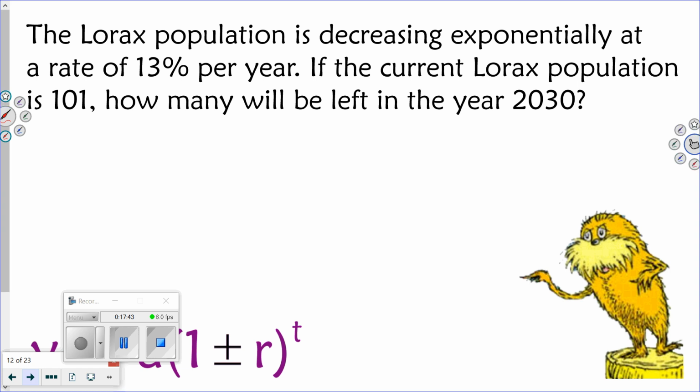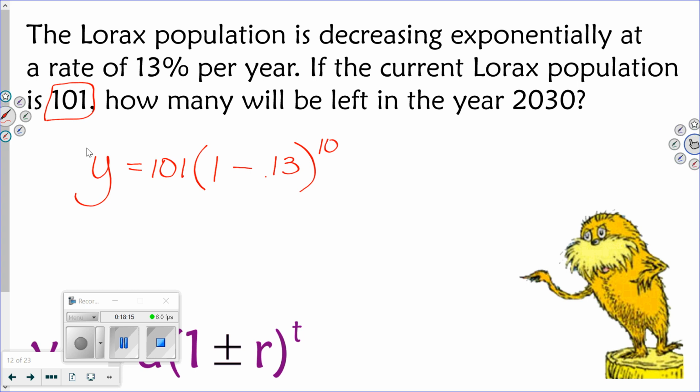So when I use my formula, y equals the initial amount was 101, 1 minus, because it's decay, and what's my rate? 0.13. How many years? 10. This is 2020. We're talking 2030.